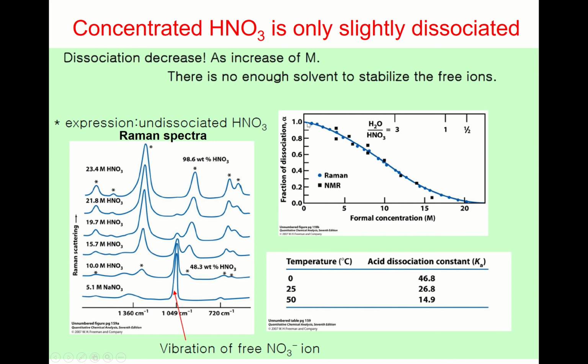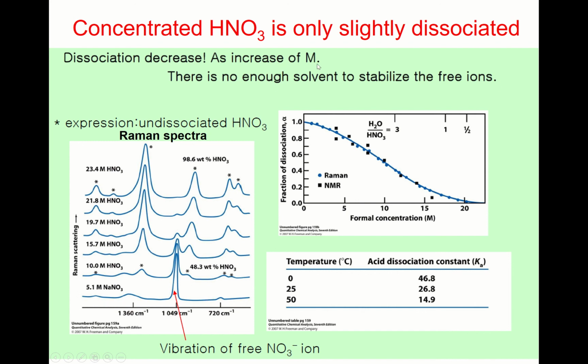Then it goes down and becomes almost zero for concentrations greater than 20 molar. This is very peculiar for nitric acid at very high concentration. Why? Dissociation is very slight because there is not enough solvent to stabilize the free ions at this high concentration.